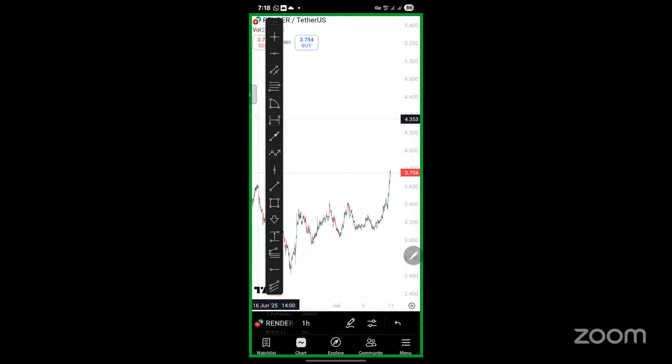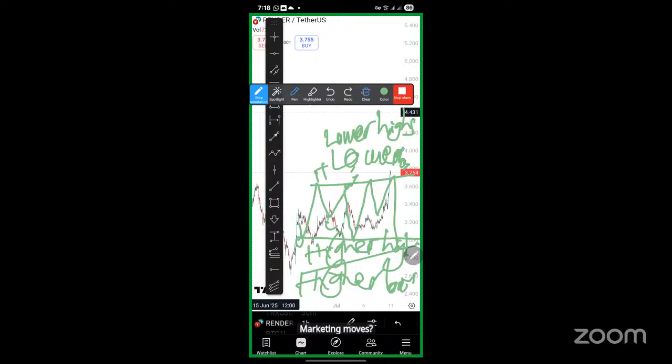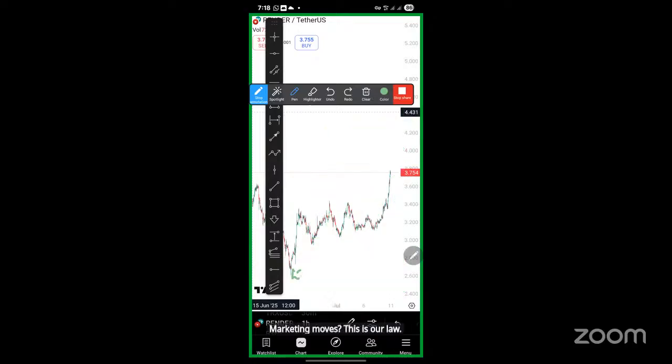Market moves. This is our low. That is the low. It makes a higher high. It comes here, it makes a lower high. So this is the high, this is the low, lower low.